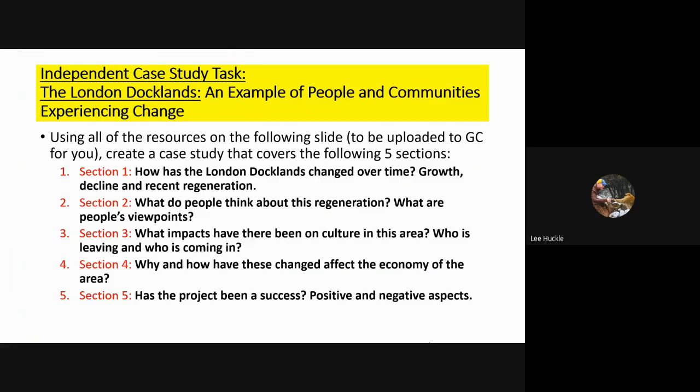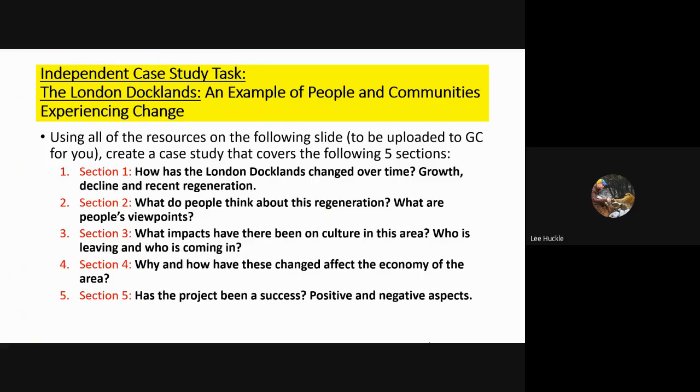Section 3: what impacts have there been on culture in this area? So that's culture in different places of the Docklands. Who was leaving? Who was coming in? How did areas change? How did the cultural makeup of areas change, positively or negatively?